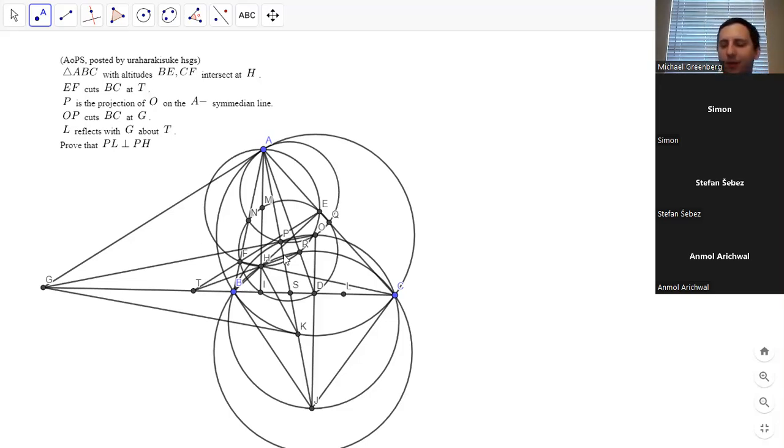Or maybe, so I haven't used this trick in a long time, but if you have 4 rays that are harmonic and you have another 4 rays that are harmonic and 3 of them are perpendicular, then the 4th one has to be perpendicular. So maybe we could use that too.